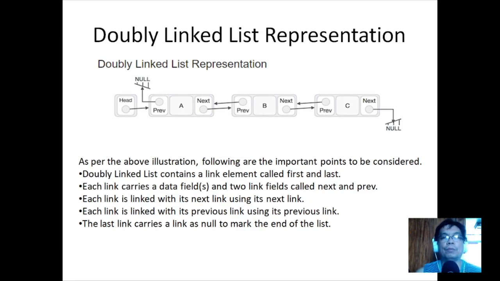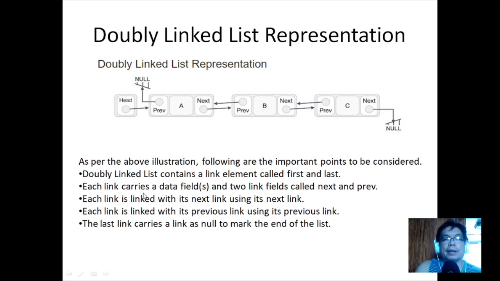So this is the doubly linked list representation. As per the above illustration, the following are the important points to be considered. A doubly linked list contains a link element called first and last, or head and tail. So here is the first one, or the head, and this one is the tail.